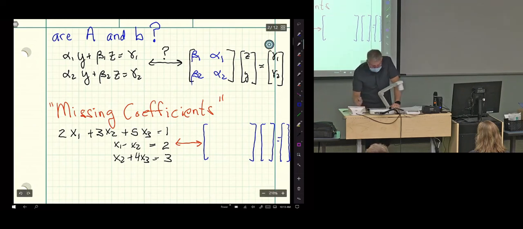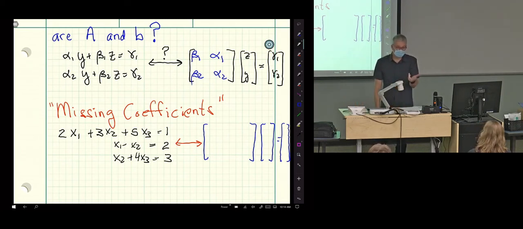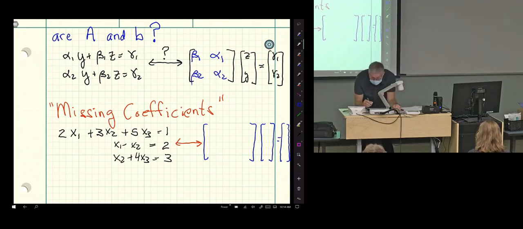Cool, so everybody cool if we do x1, x2, x3 for the vector of unknowns? We could do it x3, x2, x1, or x3, x1, x2. It's your choice, but I prefer to put them in the order of the indices. So this will be x1, x2, x3.